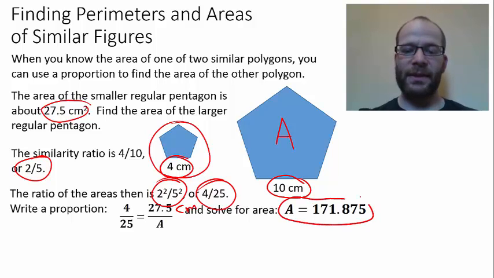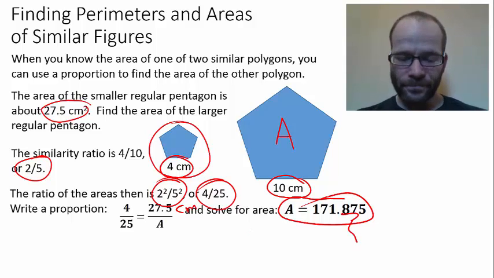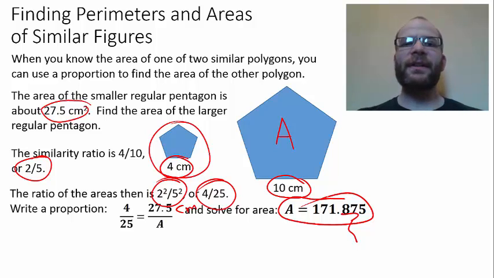Area is equal to 171.875, which of course is far too precise a number for us, but we'll go with it for now. So once we know the similarity ratio, we can find the ratio of the areas. If we know the area of one of the figures, we can find the area of the second figure by using that ratio. Let's look at one more problem.